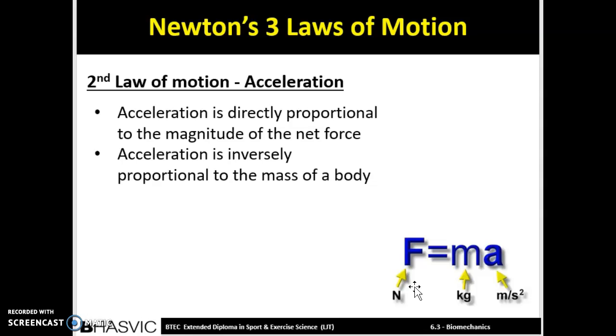So this would be beneficial, but unlikely, as a bigger player is likely to be able to apply more force due to a larger power output from their muscles.